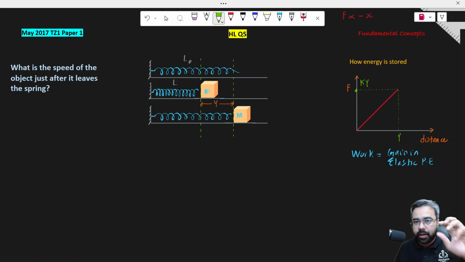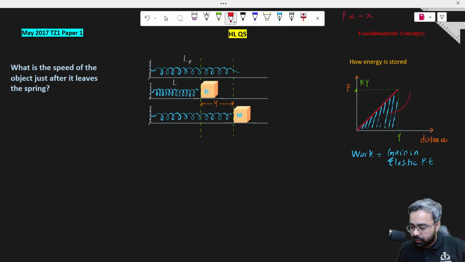So if you find the area under the graph, which is obviously this area, that area represents the amount of energy stored, which actually is coming from all the work done, right? So if you find this area under the graph, that would give you the total amount of elastic potential energy stored in the spring.